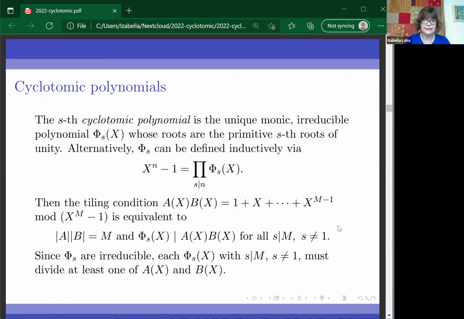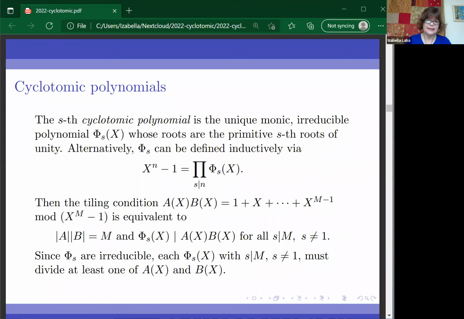We factorize x^n - 1 as a product of irreducible factors, and then the factors of that are going to be exactly the cyclotomic polynomials Φ_s(x), where s ranges over all divisors of n with 1 and n included.